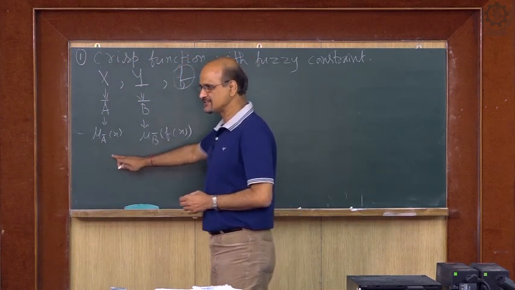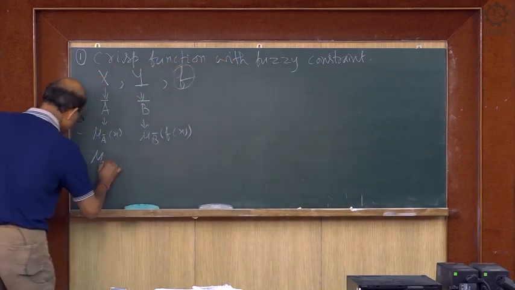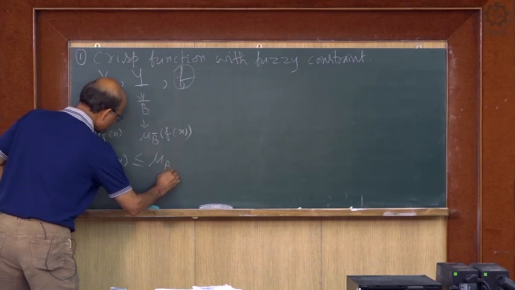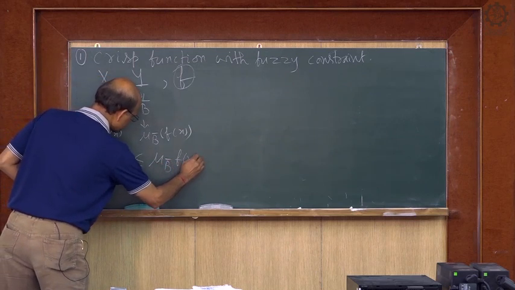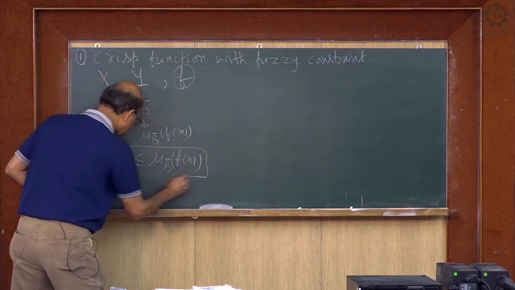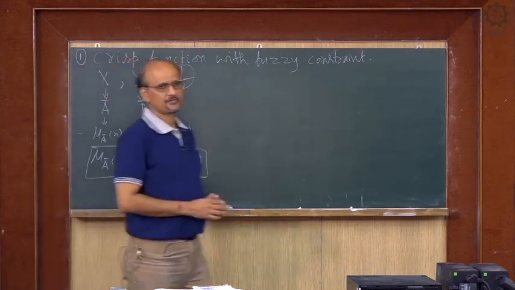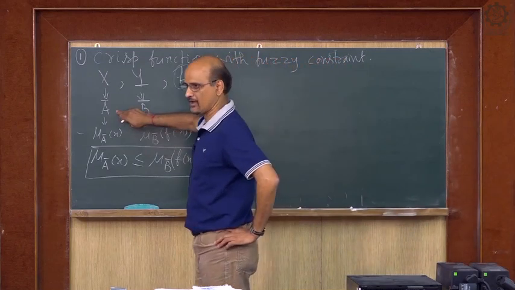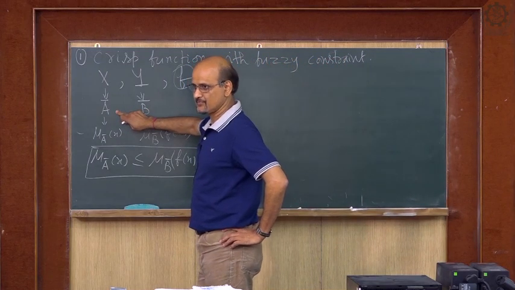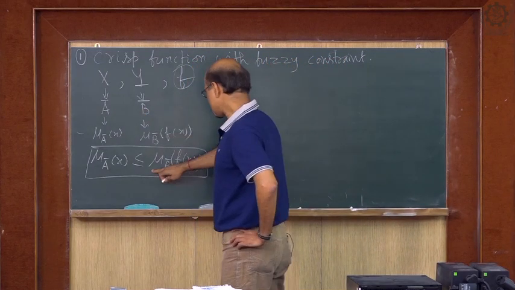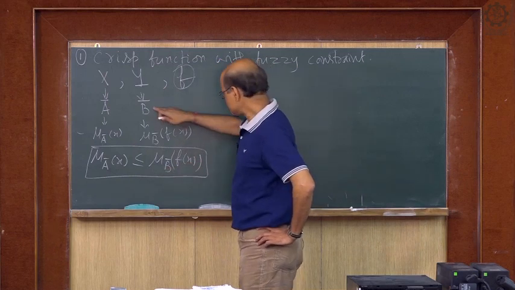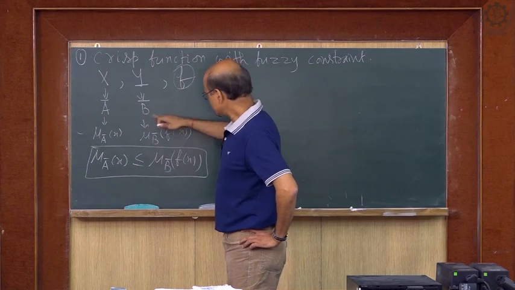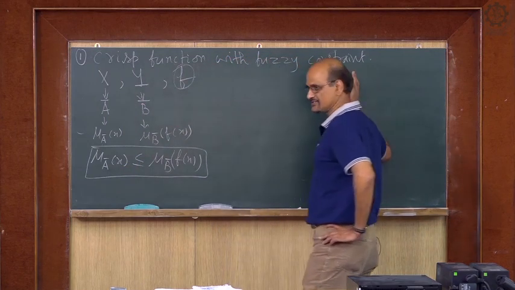And the constant is that mu A bar x less than equal to mu B bar f x. So, if this is satisfied, membership values of all x in A bar are less than equal to membership function of that f x, okay, then we say this crisp function with fuzzy constant.